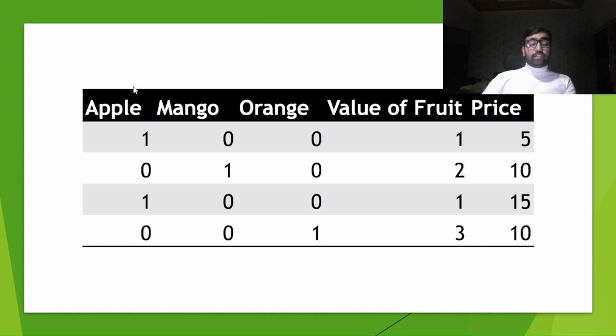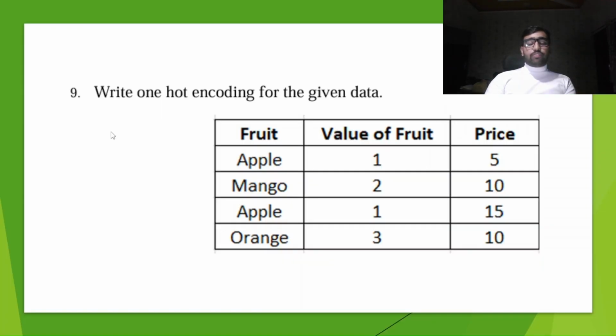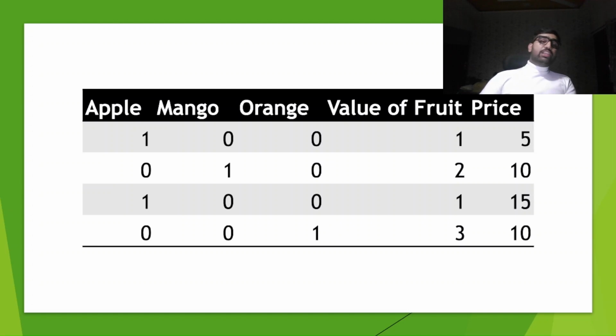Each row which has the corresponding fruit would have the value 1 for that category, and all other columns would have the value 0. Hence, for the first row, since the fruit was apple, the value of the apple column is 1, and mango and orange are 0.